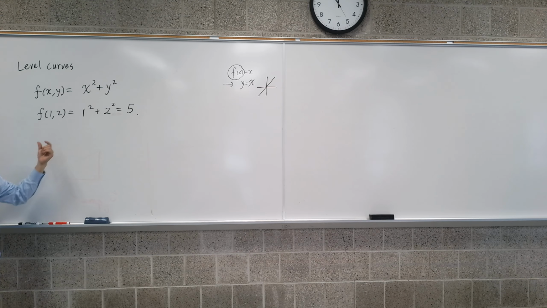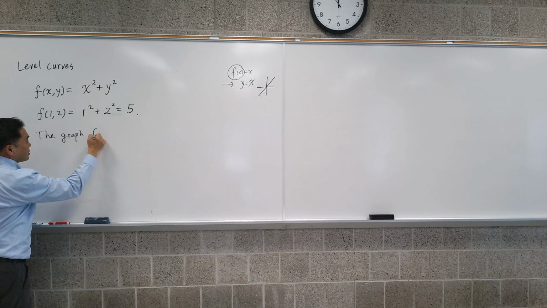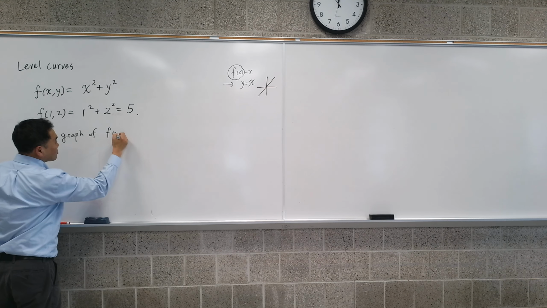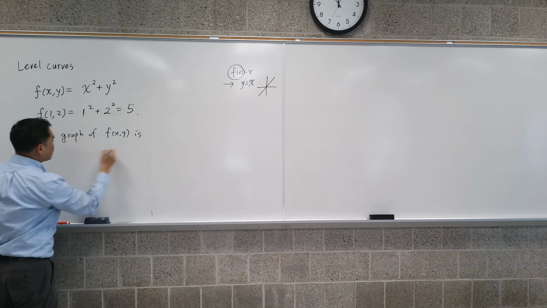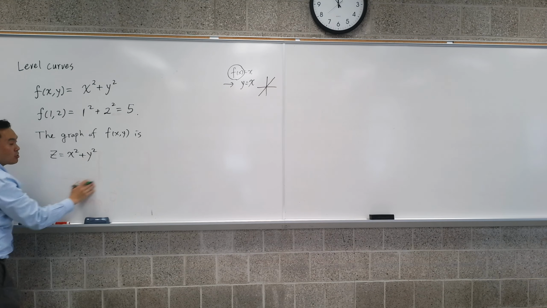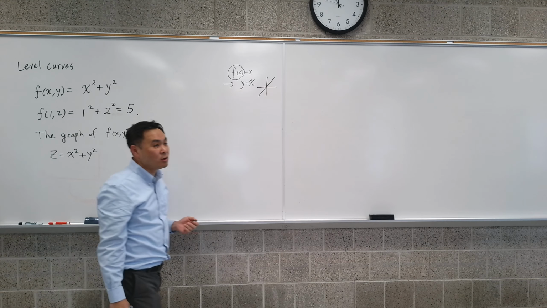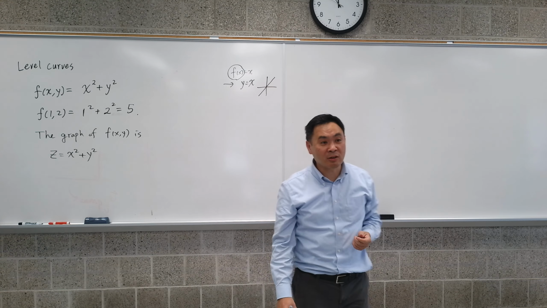So what variable should I be using? Yeah, f of x, y is z equals x squared plus y squared. So this is going to be a graph over xy, and now you see that it has 3 variables, x, y, and z. So in order to draw this, we need a 3D coordinate system.